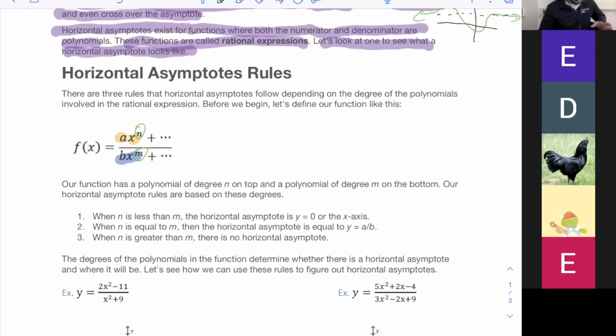Before we can find any kind of asymptotes, we have to look at what the exponent in the numerator is and what the degree, or lead exponent, in the denominator is, and then that'll determine how we find the asymptote.